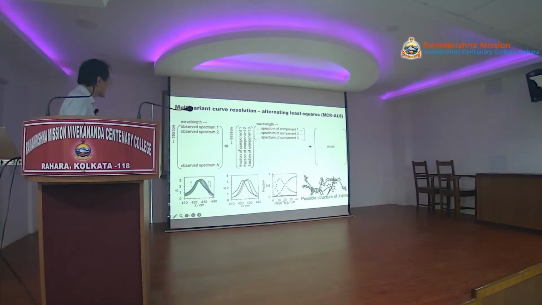These smaller matrices have all the information of this large complex matrix in principle, plus some errors. By minimizing these errors, we can obtain the component spectra and how these components evolve. These are the component spectra, and this is how each component evolves.